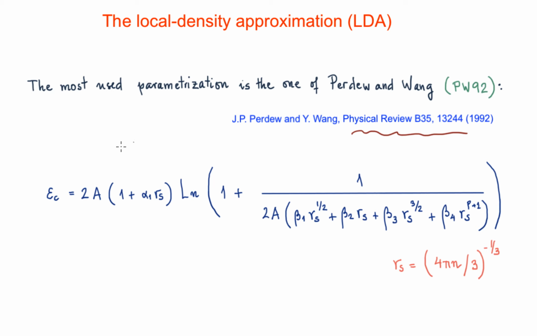And once we have this exchange and correlation energy functional, we can go to the Kohn-Sham method, merge that parameterization there, and calculate the Kohn-Sham equations considering the external potentials that we have. So you can calculate the densities for atoms, molecules, or solids.